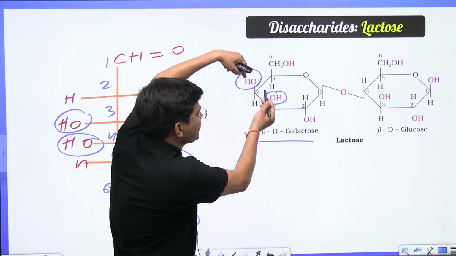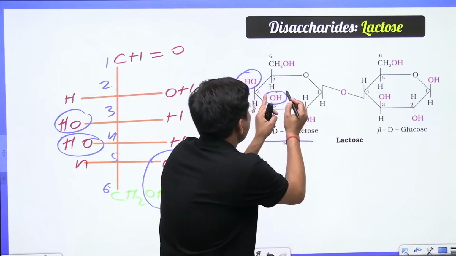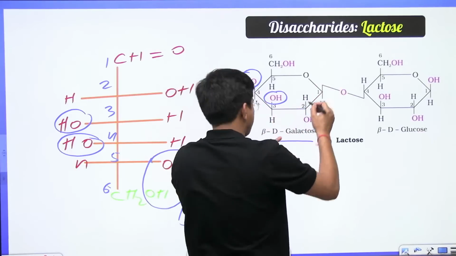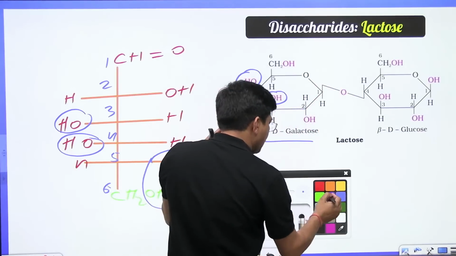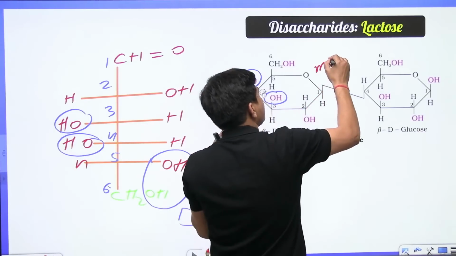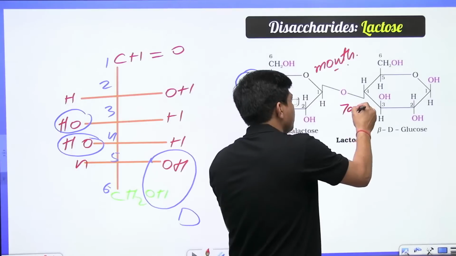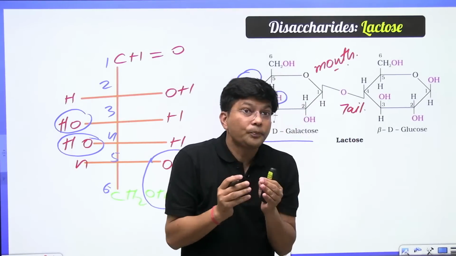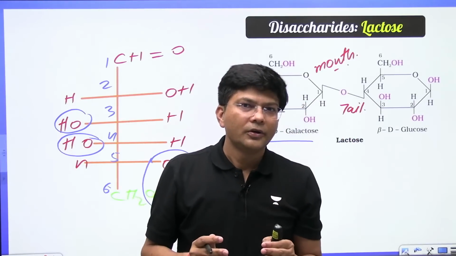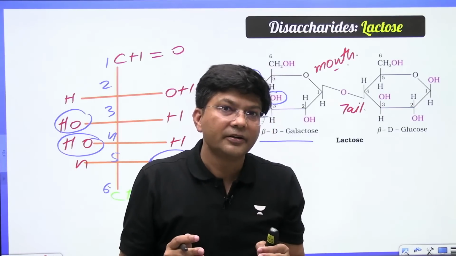Now this is galactose and this is glucose. In galactose's first carbon, I would like to say its mouth is involved, and its tail is involved. Could you please help me understand?